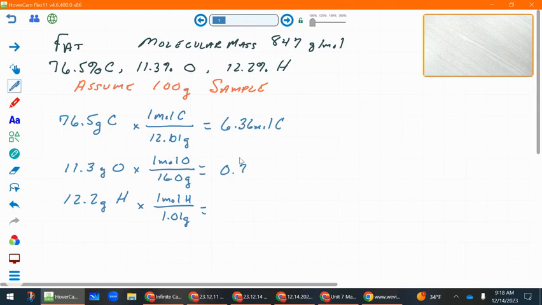Well, give me a few more sig figs in that. 0.70625 moles of oxygen. And when we take 12.2 divided by 1.01, we get around 12.0 moles of hydrogen. Oops, that's moles, sorry.